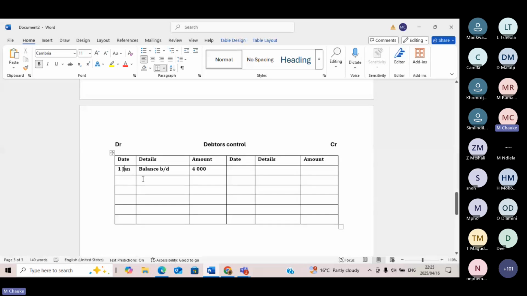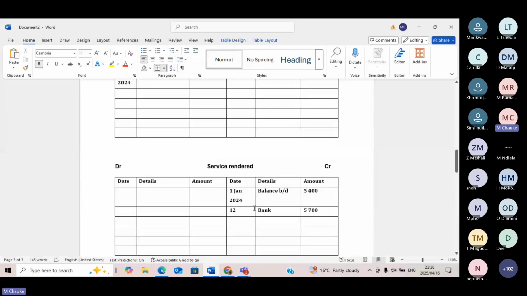And then we will have service rendered. Now I'm recording the transaction that happened on the 18th. So you can just come here and say 18. Service rendered. And then how much do you render a service for? Render a service for 8,600 on account, right? So you go there and say 8,600. Okay. And then you go up there on the services rendered.